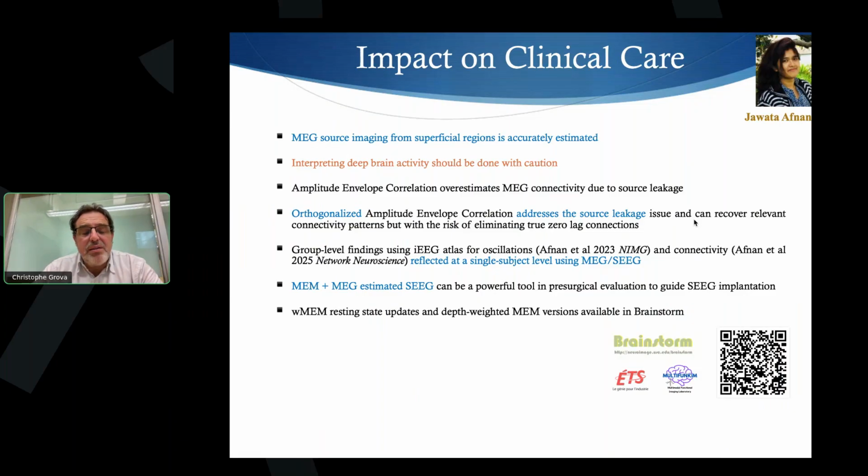But for that, we believe the envelope correlations were a little bit more robust. Other studies looking at the fMRI resting state fluctuation also showed that the phase metric was not robust. In all cases, the source reconstruction techniques, MNE, beamformer, or MEM, were applied to the same 60-second resting state data.